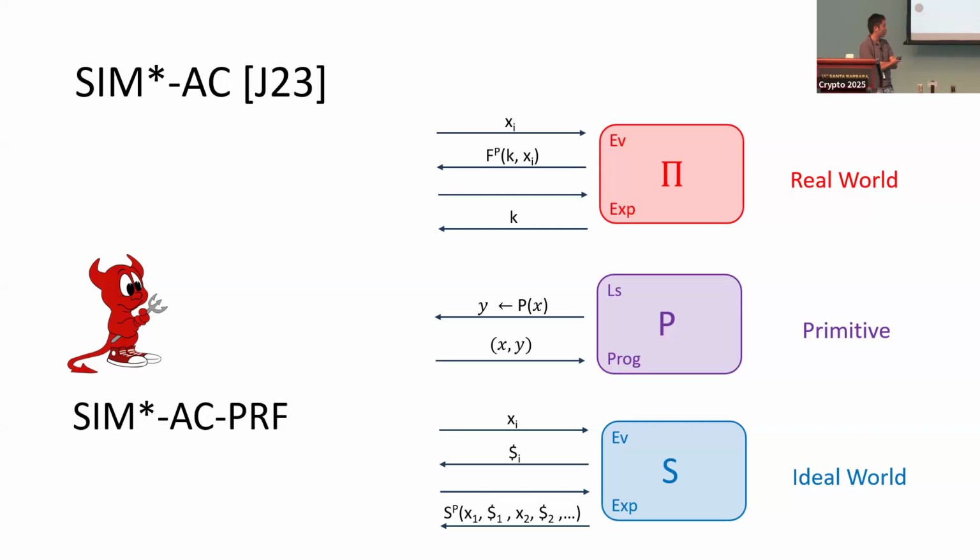This is impossible in the normal model, and therefore we require a programmable ideal model, like the random oracle model. Here, the P has two interfaces.